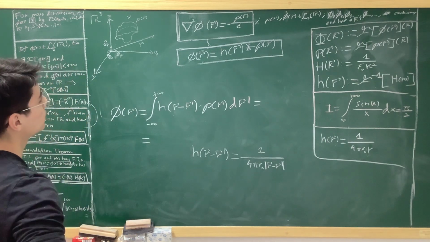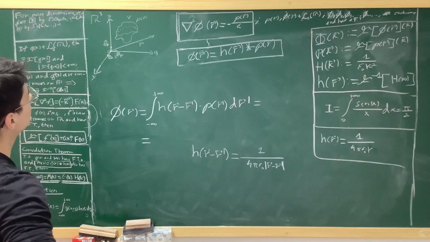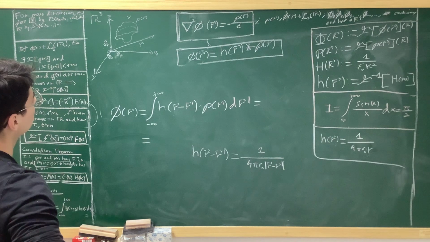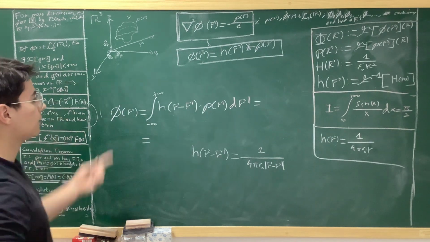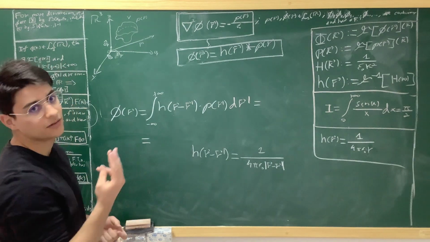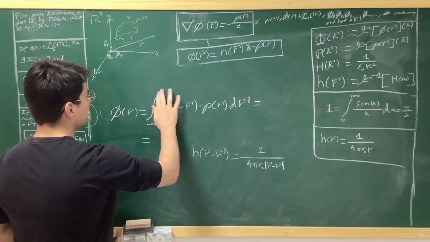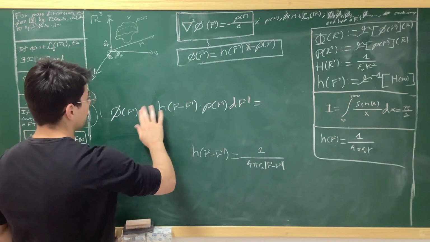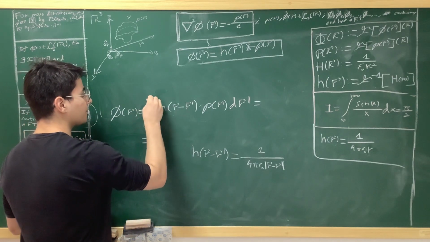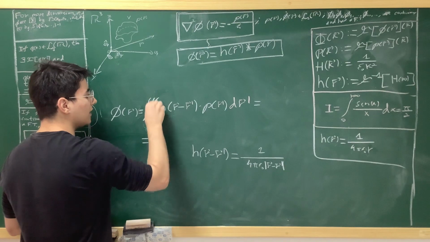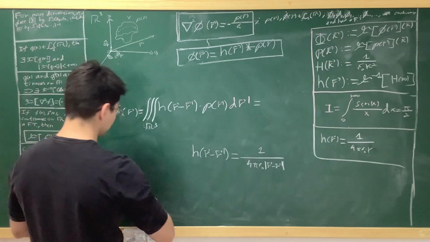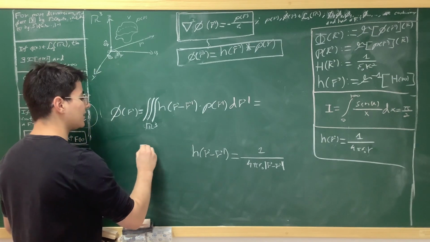Let me just check for a minute. Oh, yes. Really, it shouldn't be from negative infinity to positive infinity because we're in 3 dimensions. Really, this should be the integral on R3. Okay? Now it makes more sense.